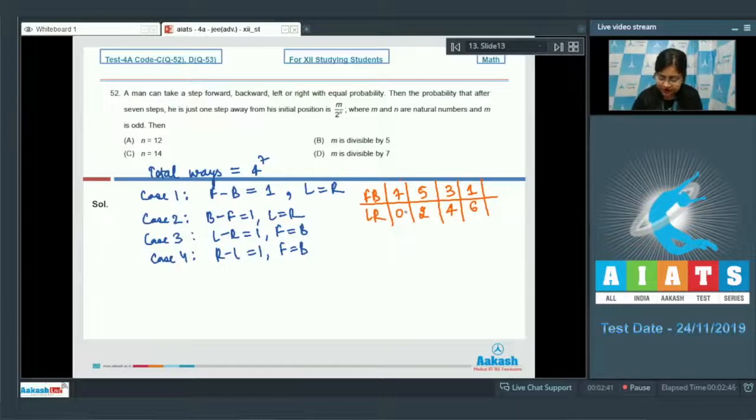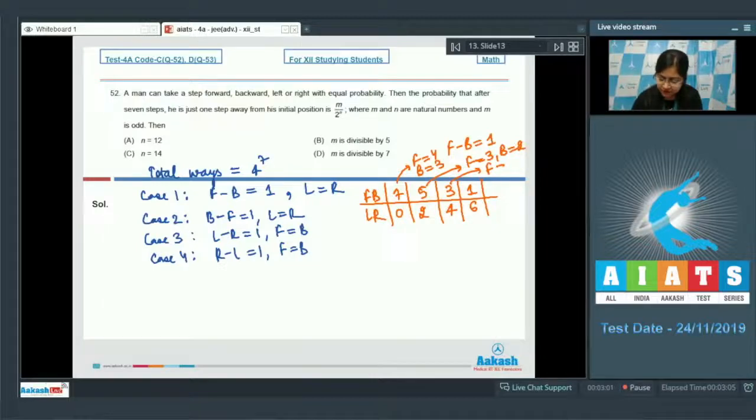So when he takes 0 in the left and right, then as we have F minus B equal to 1, F will be equal to 4 and B will be equal to 3. Here F will be equal to 3 and B will be equal to 2.